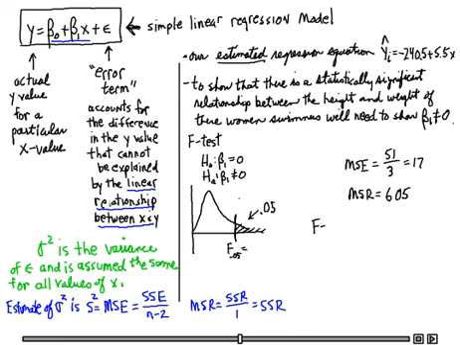Now, F, our test statistic, is actually the MSR over the MSE. And if you look down there at the blue formulas at the bottom of the screen, MSR has 1 degree of freedom. It's in the numerator. So our numerator degree of freedom is equal to 1. Our denominator degree of freedom comes from MSE, which is in the denominator.